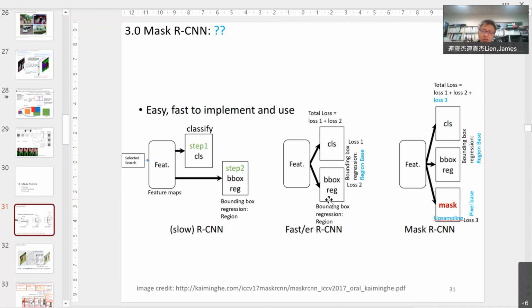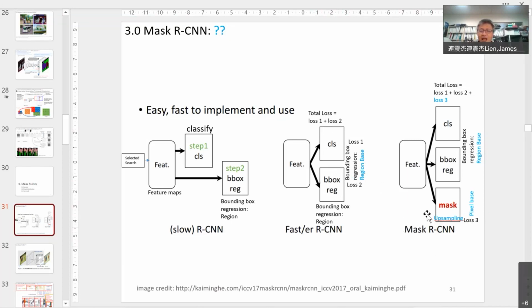Background is what you don't need, and foreground is what you need. The confidence value is very similar to the classification, but it's only foreground or background, so 2 classes. And the class is for each bounding box, classifying what kind of object it is. So this is for classification.